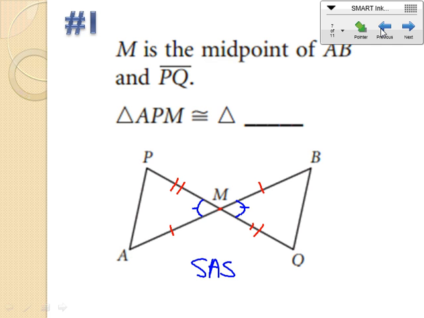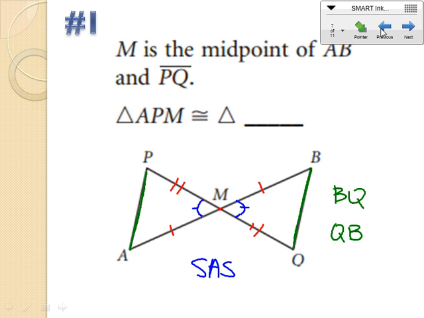And the order we place our letters is going to be really important. It wasn't just seeing that it was the other triangle, but putting those letters in the correct order. So make sure your letters are in the correct order. We want to go from A to P. If you look, AP doesn't have any notation marks on it. So we need the side in the other triangle that doesn't have any notation marks on it. That's either going to be BQ or QB.